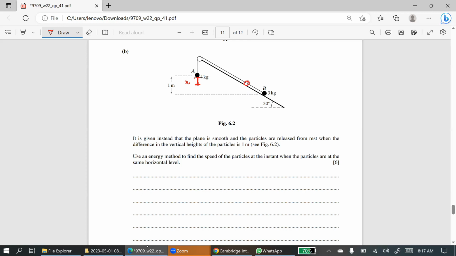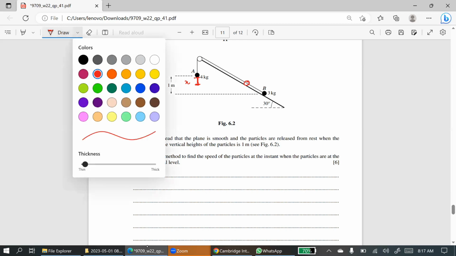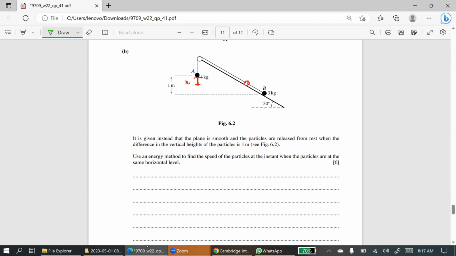Now you can see that both the particles are at the same horizontal level. A has moved a distance of x meter downwards. B has also moved a distance of x meter along the plane.